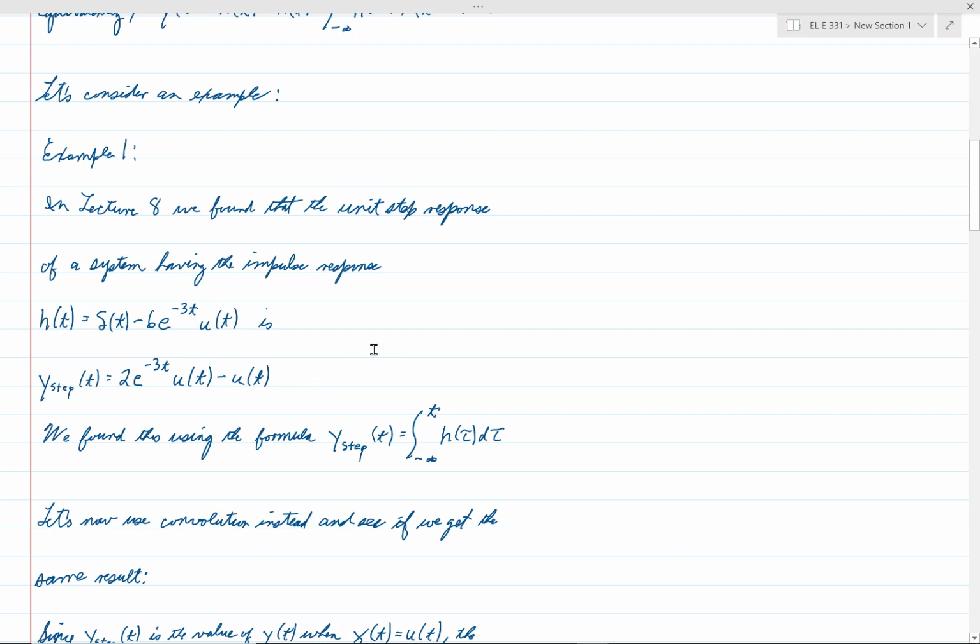And just to remind you, we found that step response by integrating the impulse response. Okay, so now what I want to do is to try to solve this problem not by integrating the impulse response, but by looking at the convolution formula instead.